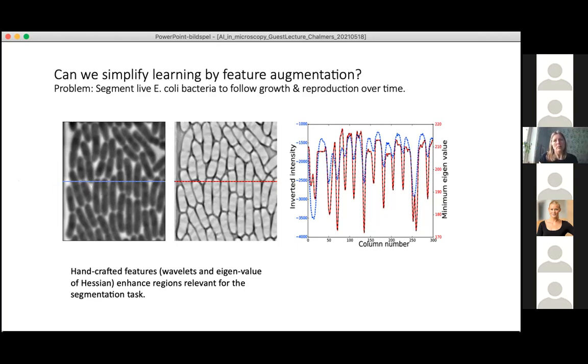And then we realized that these handcrafted features, in this case wavelets and eigenvalues of Hessians, could really enhance these regions that were relevant for the segmentation. So we had realized that this pre-processing of the images made it easier for the forthcoming classical approaches for segmentation.